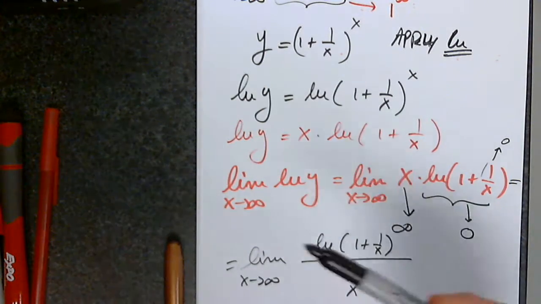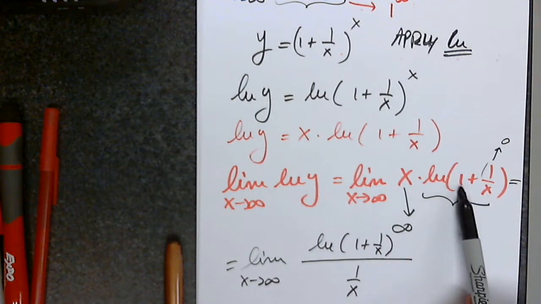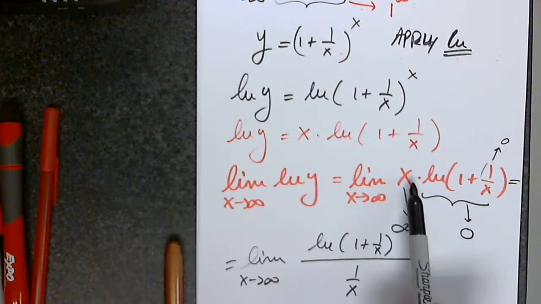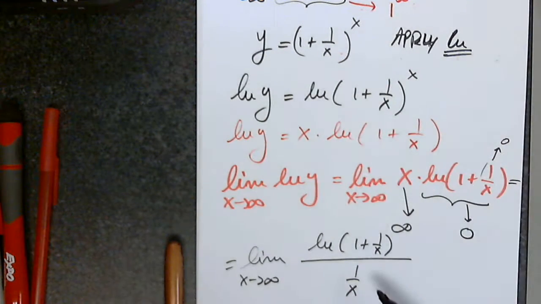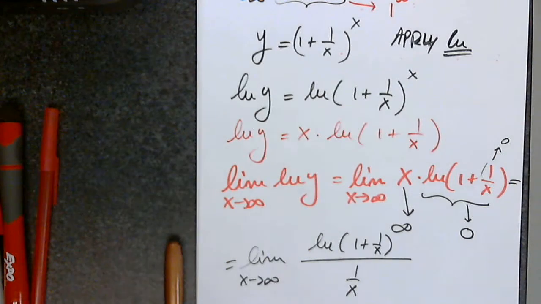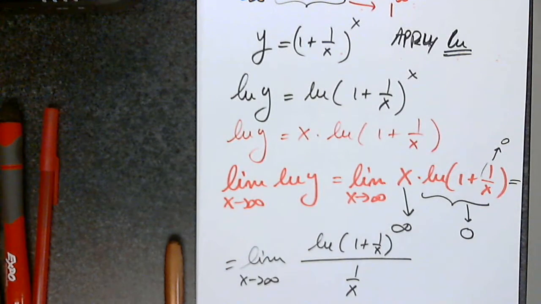When I flip this, do I get x times natural log of 1 plus 1 over x? Instead of writing x in front, I brought it to the denominator in the form of 1 over x. Is this the same thing? We agree? They are the same.